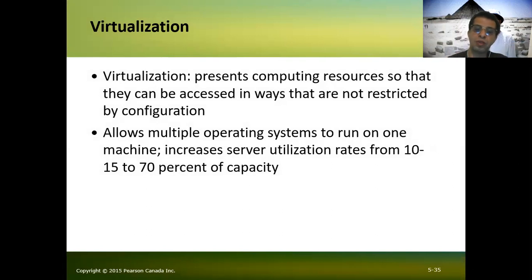It allows multiple operating systems to run on one machine, which has increased server utilization from 10 to 15% to 30% of the capacity, because there is no configuration, so there is no small programming here and there.